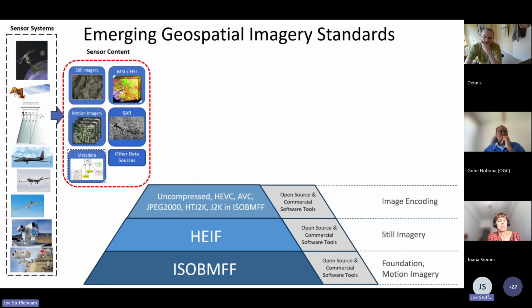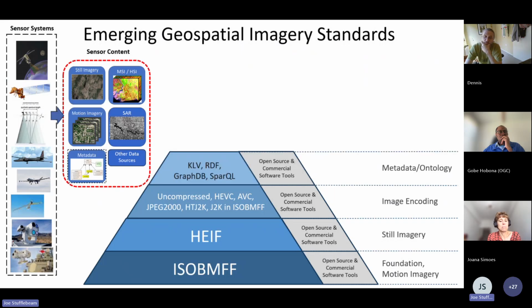And then the government has done a lot of work over the years with JPEG 2000, especially for geospatial imagery. So J2K and high throughput J2K are really important codecs for us. And these are the mechanisms that we use to encode our imagery.